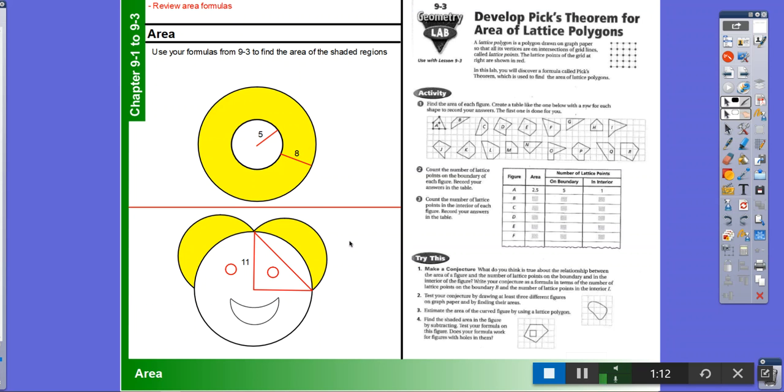Welcome back. So we have a donut. I can't not think of it as a donut. And if I'm looking at this, to find the area of a circle, the area of a circle is pi r squared.